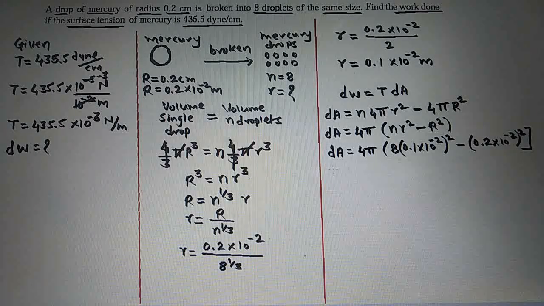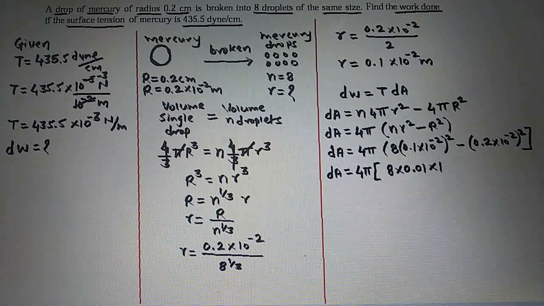Next we will write here dA is equal to 4 pi in bracket 8 into the square of 0.1, that will be 0.01 into the square of 10 raised to minus 2, that should be 10 raised to minus 4, minus the square of this 0.2, it will be 0.04 into the square of this 10 raised to minus 2 will be 10 raised to minus 4, and we will complete the bracket here.